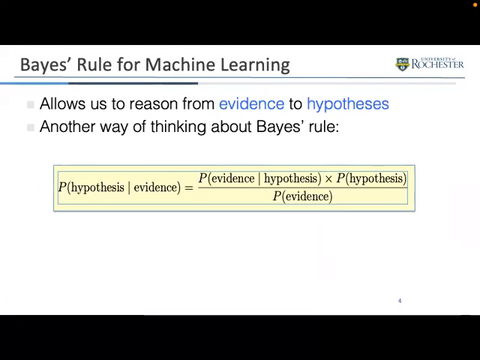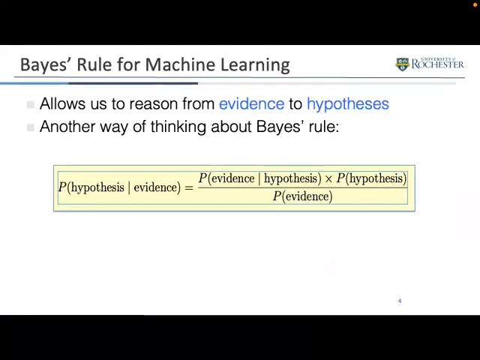If we apply the Bayes rule to machine learning problems, it allows us to reason from the evidence to the hypothesis. Let's replace A and B with the hypothesis and the evidence.